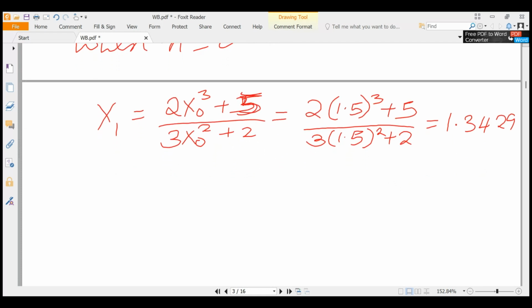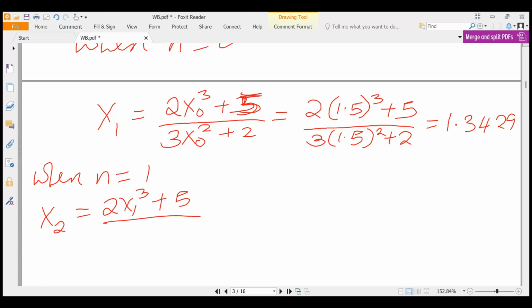If we set n equal to 1, then we get x2 is equal to 2 x1 cubed plus 5 divided by 3 x1 squared plus 2. We substitute the value of x1 that we obtained in the previous iteration, that is 1.3429.